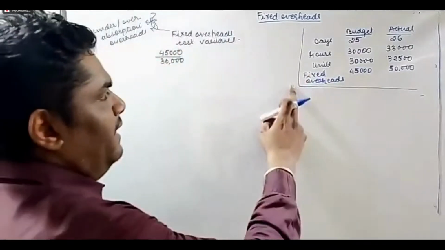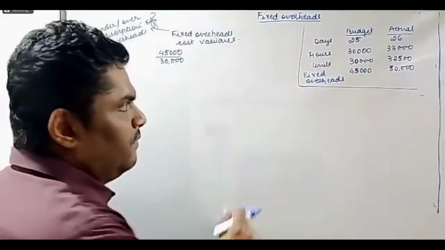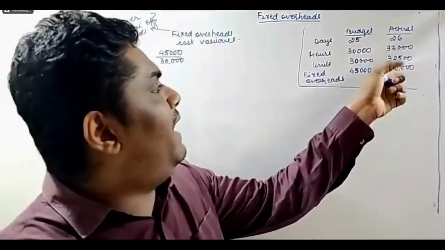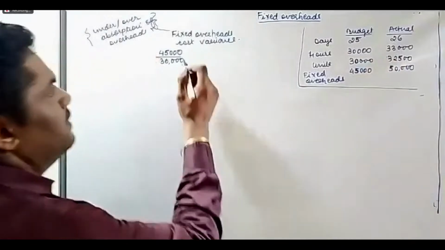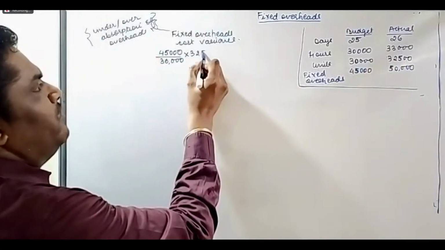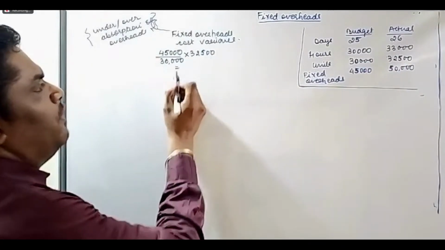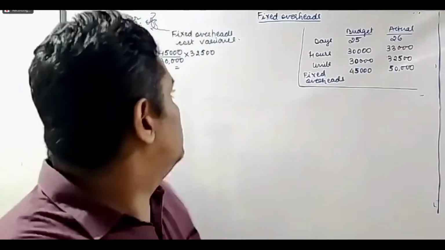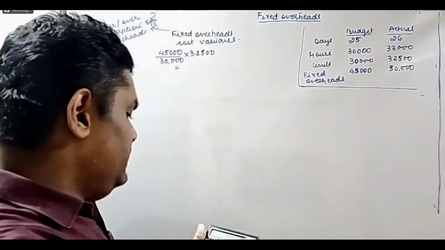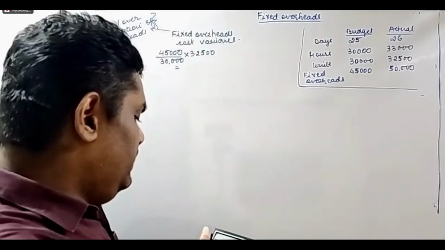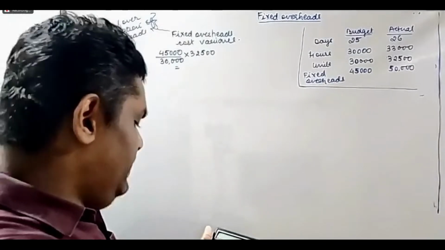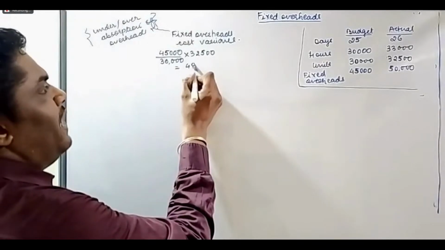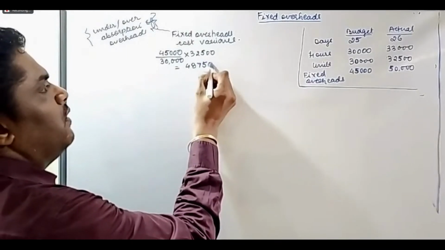We will apply it to actual units. So 1.5 into 32,500 units, we'll get the absorbed overheads. So 48,750 are my absorbed overheads.